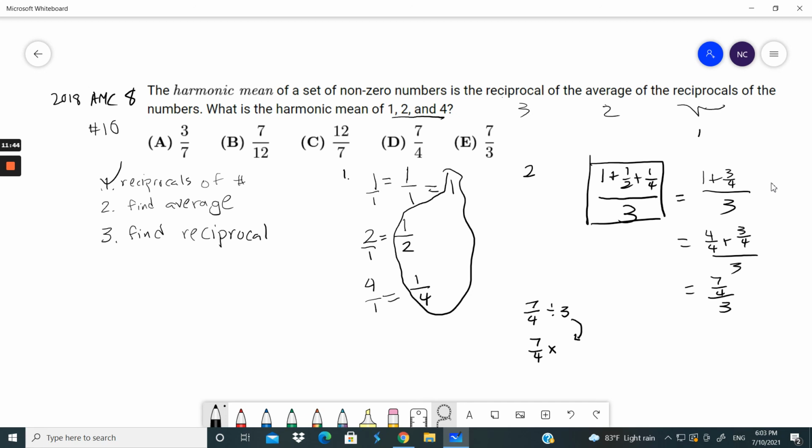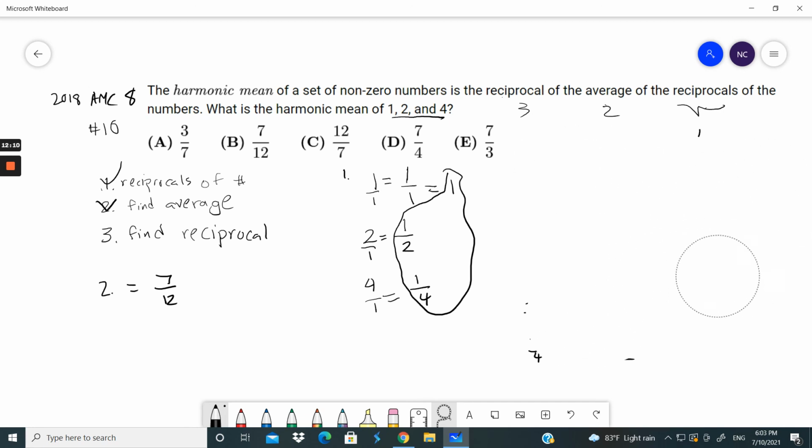There comes reciprocals again. So 7/4 divided by 3 is the same thing as 7/4 multiplied by 1/3. And so your answer is 7/12. That is your average of those numbers. So that's step 2 done. Let us write down that step 2 was equal to 7/12 and erase this to make some more space.